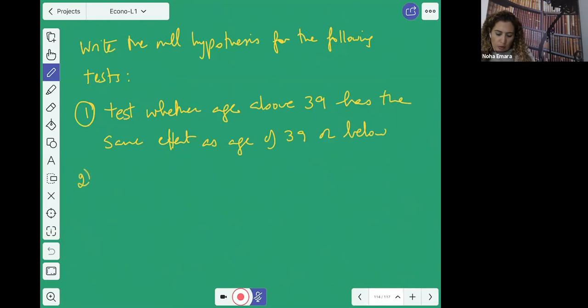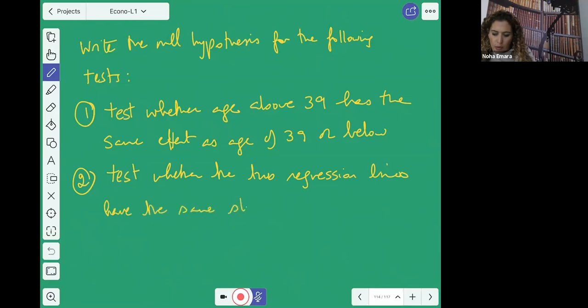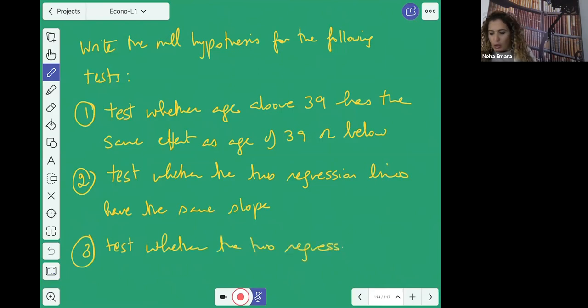I want you also to write another null hypothesis that tests whether the two regression lines have the same slope. 3, test whether the two regression lines have same intercept.